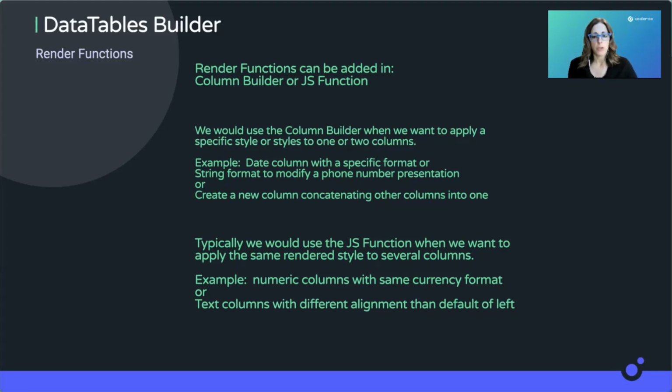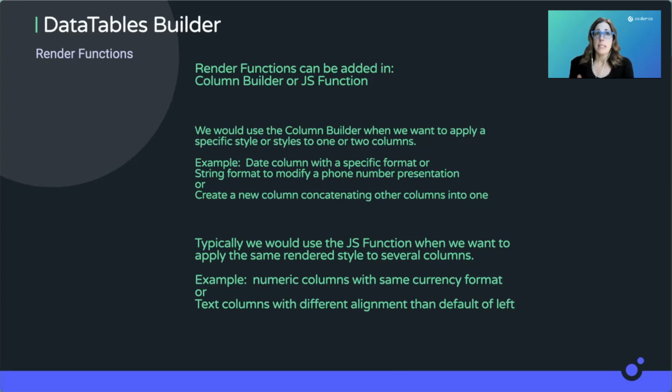We just learned about using classes in the columns builder, and that's the first method I'm going to show you. We'll use the columns builder. We'll go in there and use the button to say render this column in a certain way. And you typically would do that when you want to apply that specific rendering to one or two columns, maybe three.